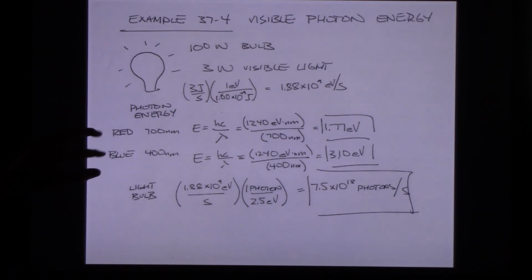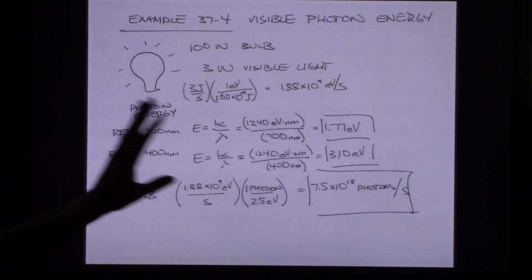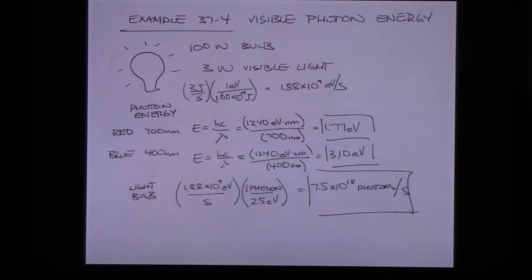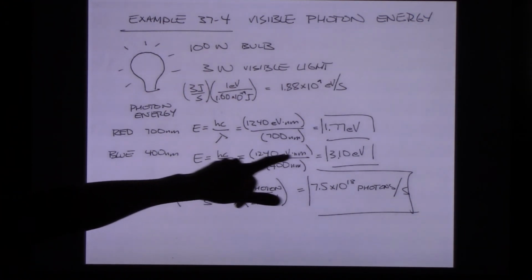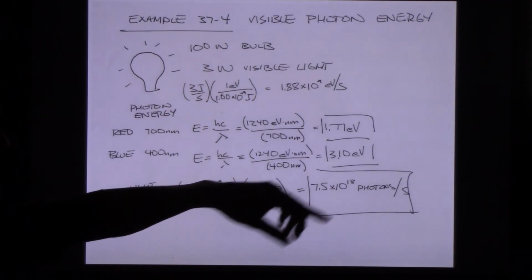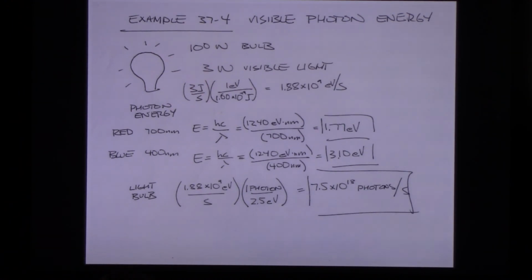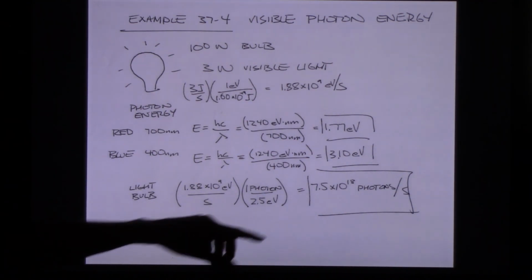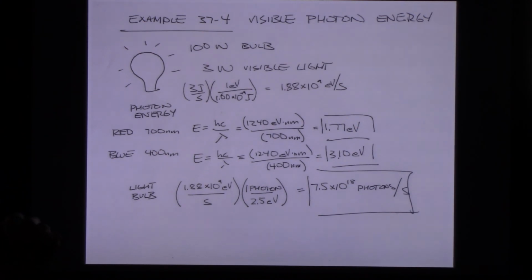So looking at red light at 700 nanometers, those individual photons are 1.77 eV. And looking at blue light at 400 nanometers, those individual photons are 3.10 eV. Now, they told us in the problem to pick something on average. They suggested using 2.5 eV to represent my average photon.